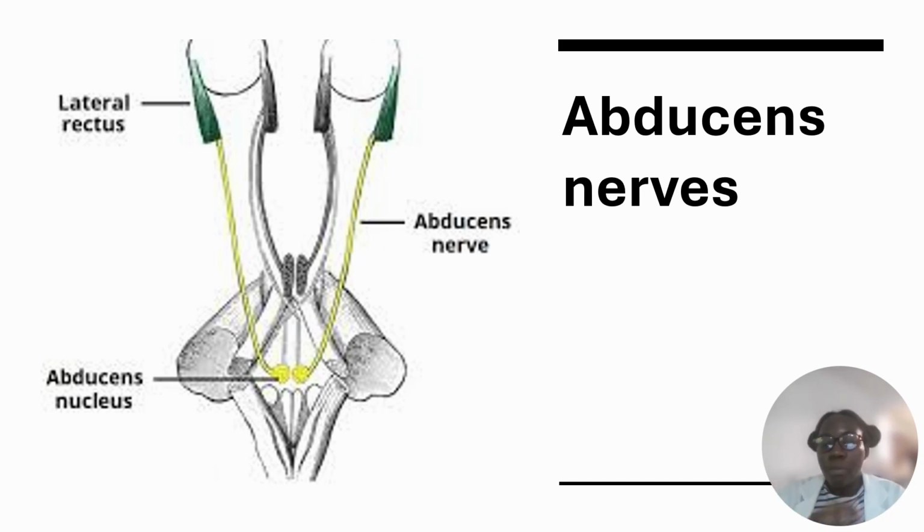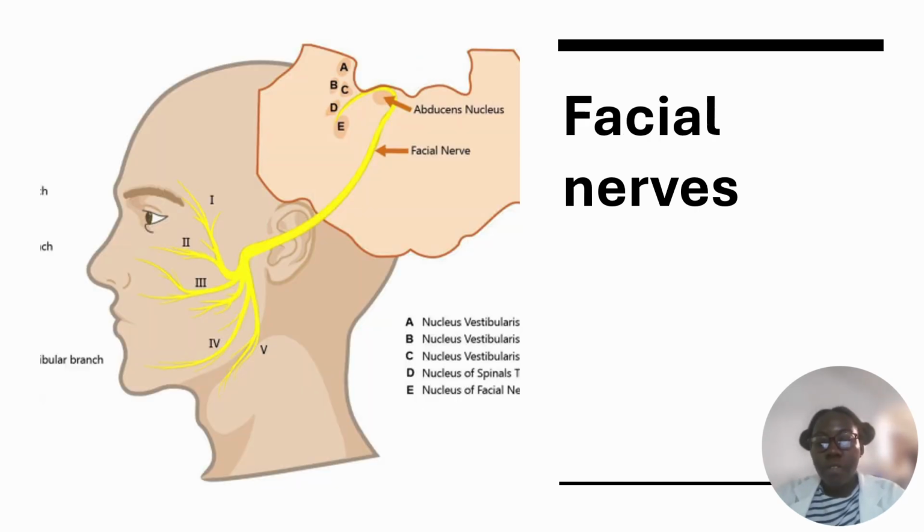The seventh set of nerves are the facial nerves. These nerves allow us to move muscles of the face, but not the mastication muscles, rather the muscles that allow us to smile or to raise our forehead and other mimics that we do with our face.